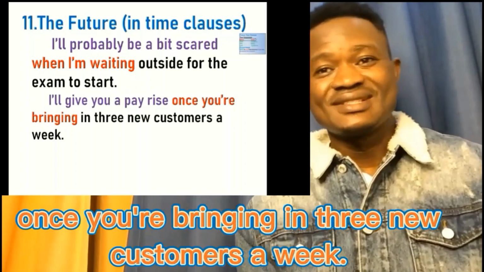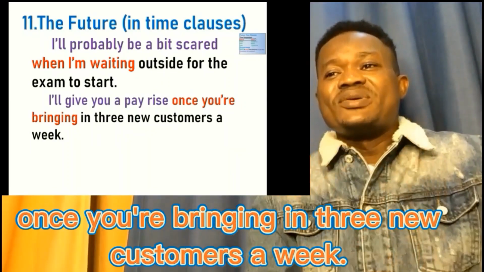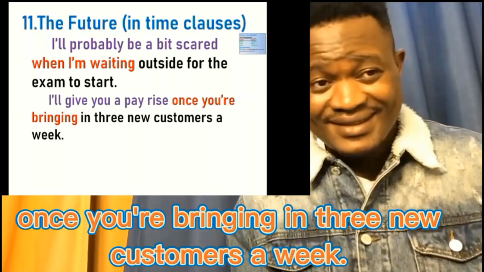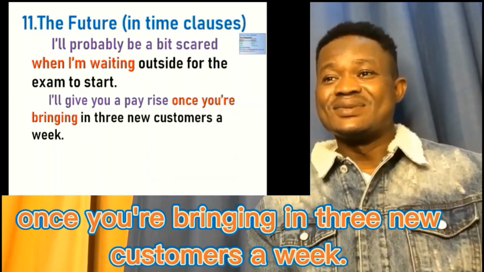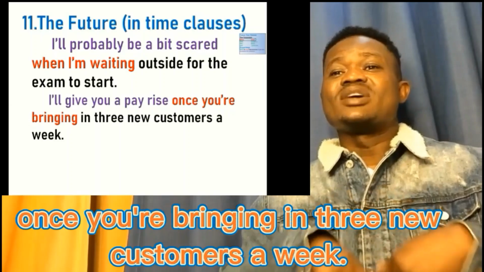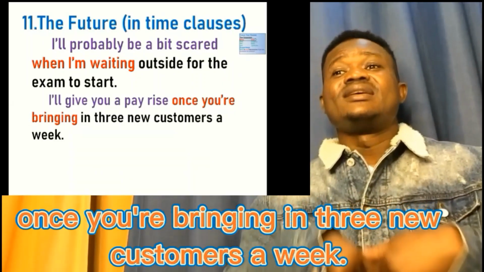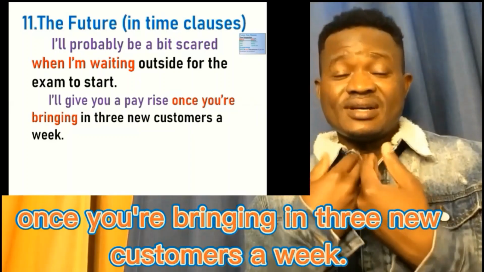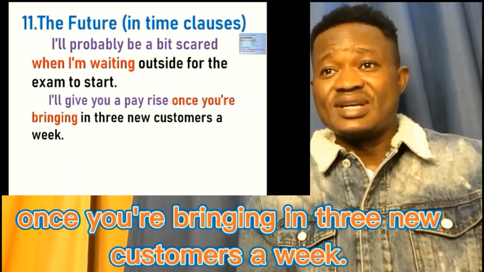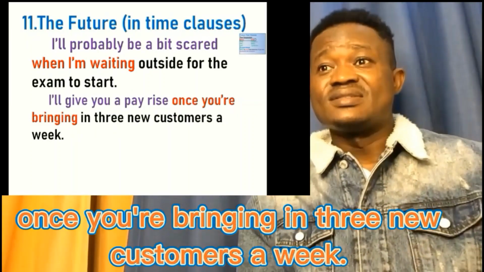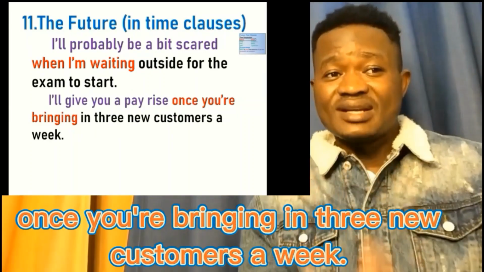I will give you a pay rise once you're bringing him three customers a week. The time clause here, "once you are bringing three customers a week," is present progressive, so we are using present progressive in the future to talk about time clauses.